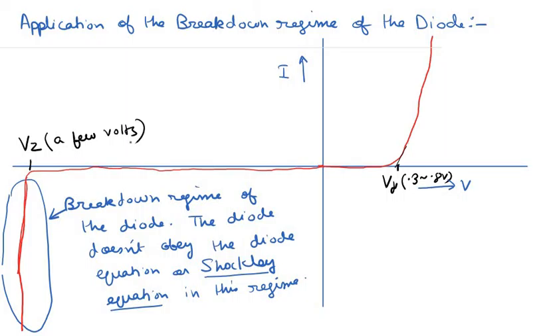So this V gamma is much lower than Vz, or this cut-in voltage is much lower than the breakdown voltage Vz. And the second difference is that Vz can be controlled by appropriate fabrication techniques, but V gamma cannot be controlled.